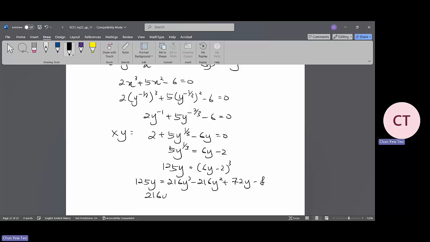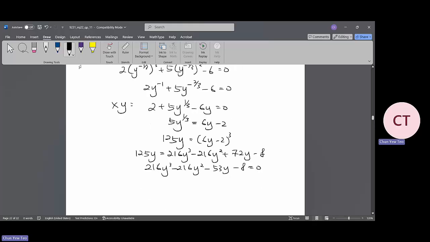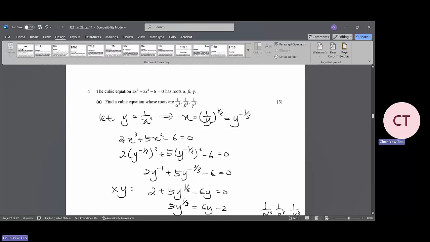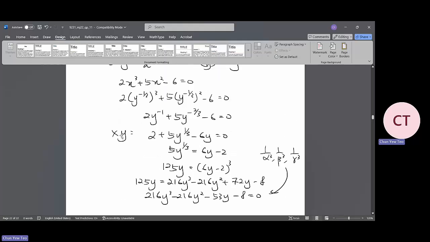Simplify it further. So this is the new cubic equation that we have, where the roots are 1 over alpha cube, 1 over beta cube, and 1 over gamma cube. Okay, so done for part A. Number 4A done already.